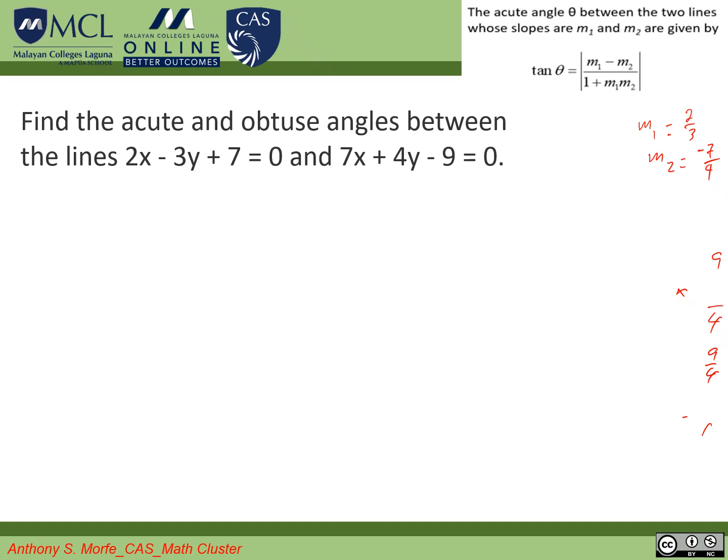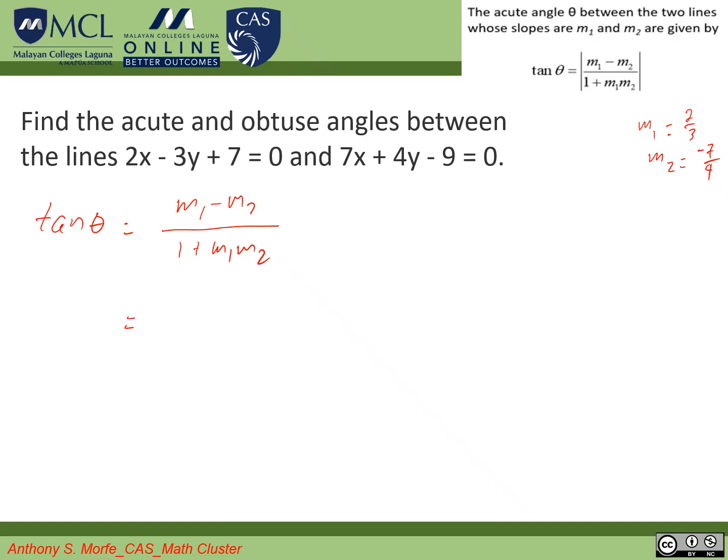Alright, so writing the formula, we have tangent theta is equal to the absolute value of m1 minus m2 divided by 1 plus m1 times m2.